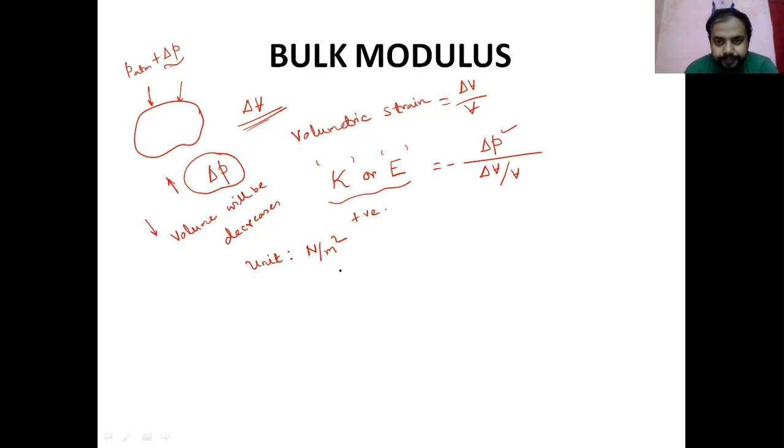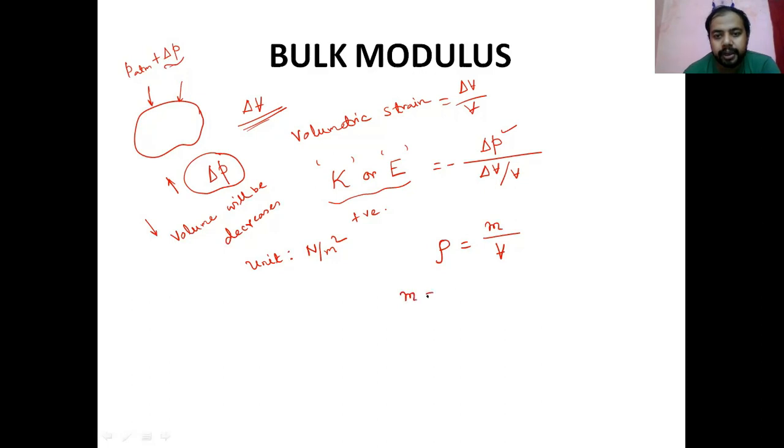Now here, this delta P by delta V. Another relationship, with the volume, is the density. We have seen the density is the mass divided by the volume. In a simple manner we write it here.